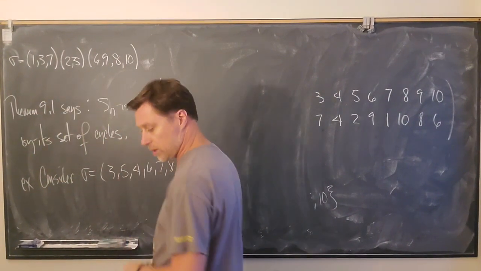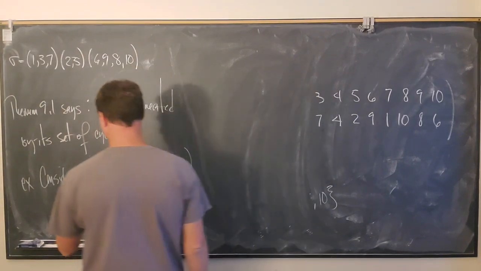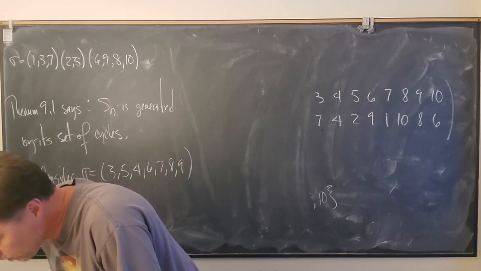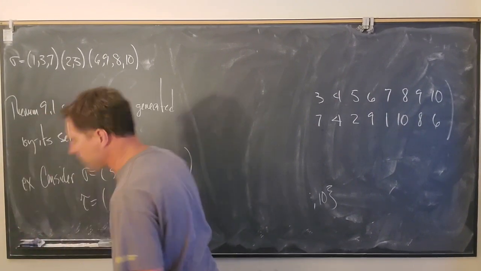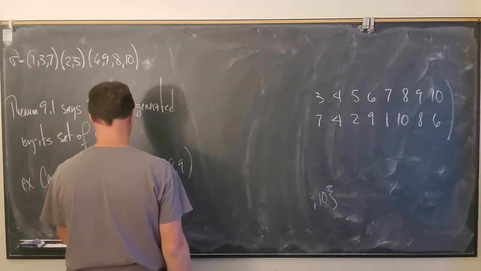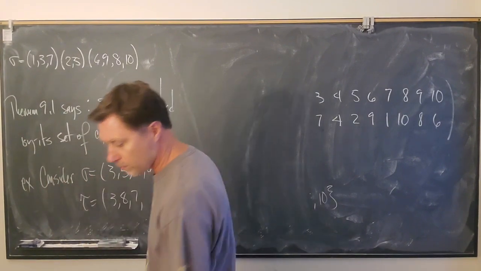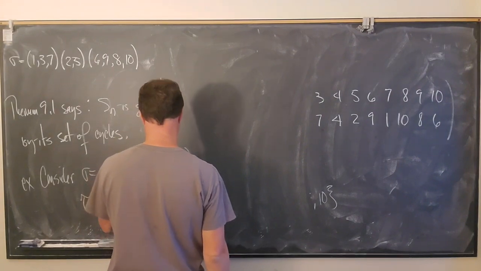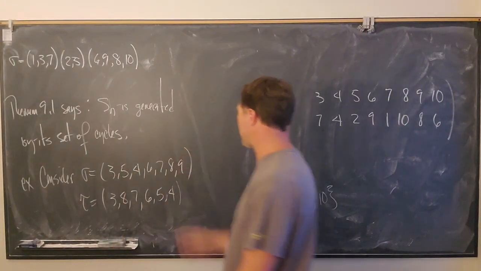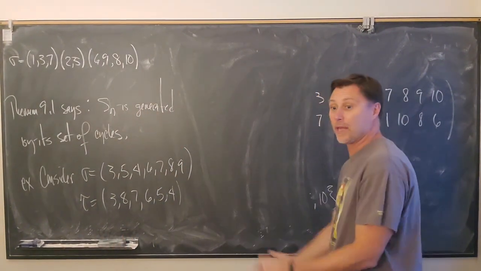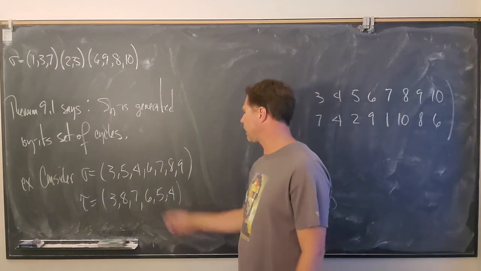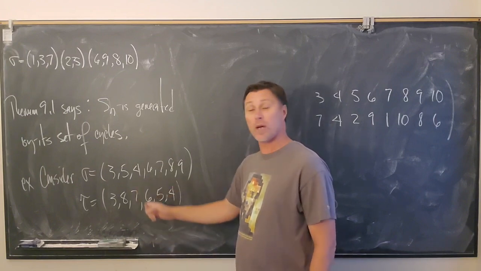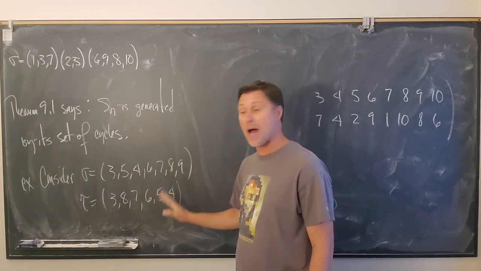So here's a cycle, and then one more tau, and that's going to be 3, 8, 7, 6, 5, 4. So I guess this is happening in, I don't know, S sub 9 if you like, S sub 10. Any S sub n where n is greater than or equal to 9 will work. Okay? So here we have a couple of cycles. These cycles are definitely not disjoint.